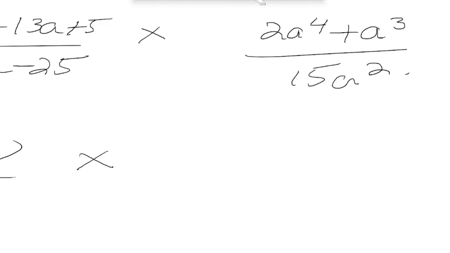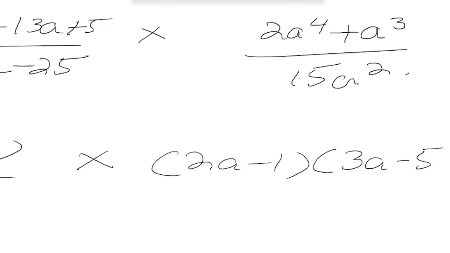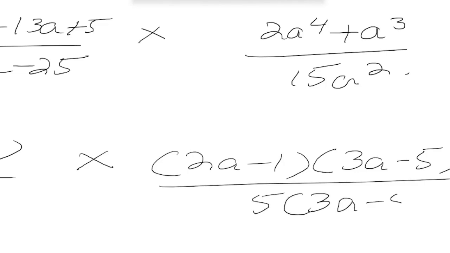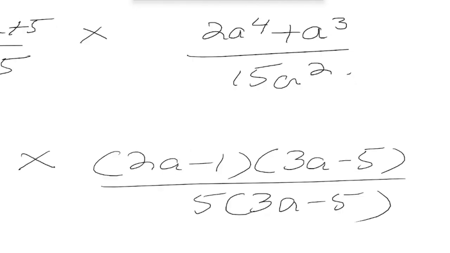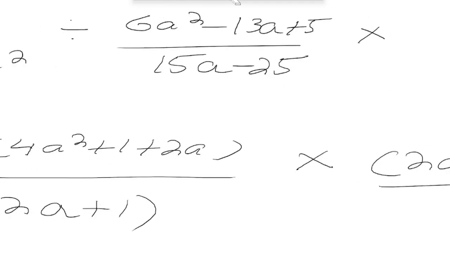That results in 2a minus 1 and 3a minus 5. After that, our denominator that will be divided, 15a minus 25, results in 5 bracket 3a minus 5. And after that, the sign will just remain the same for now. I'll just change it later.